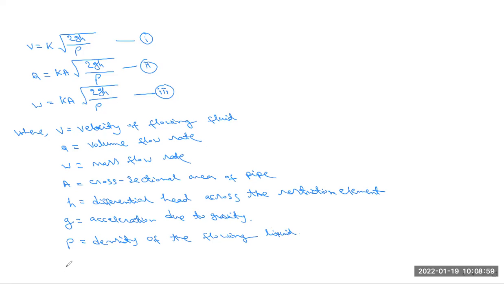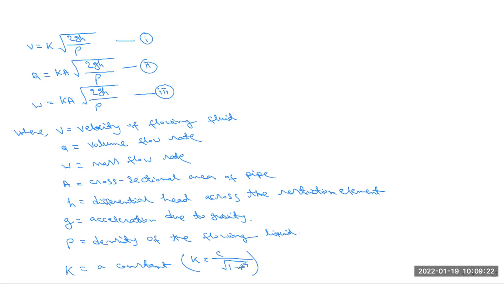So in this case, we have to measure. This is K. K is basically a constant, and K equals C by root over of 1 minus beta to the power 4.